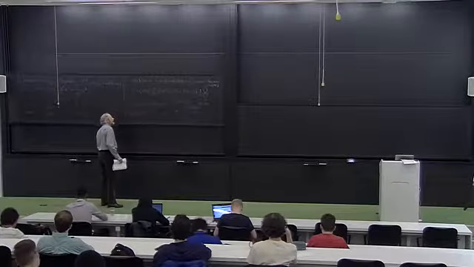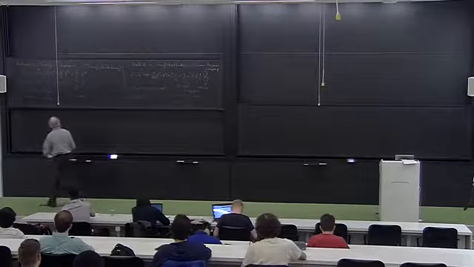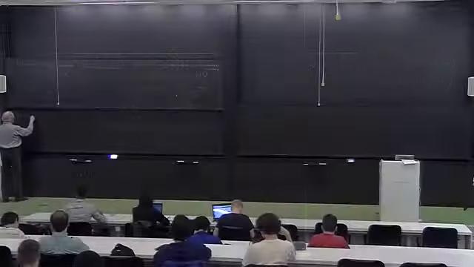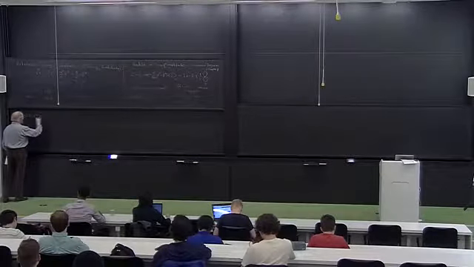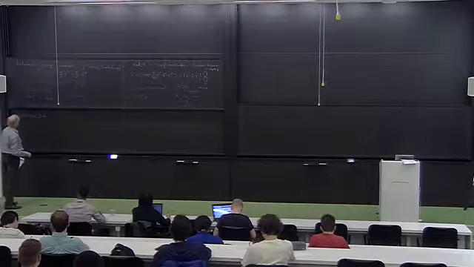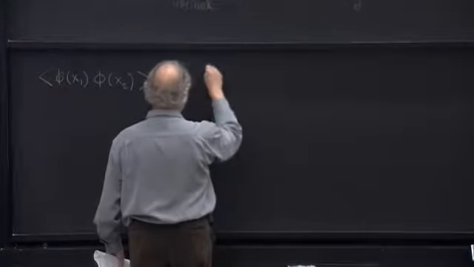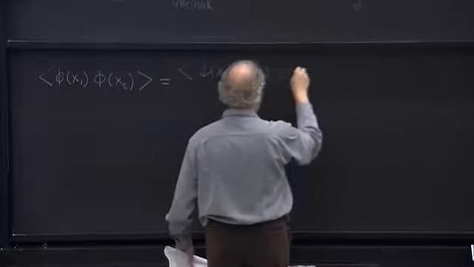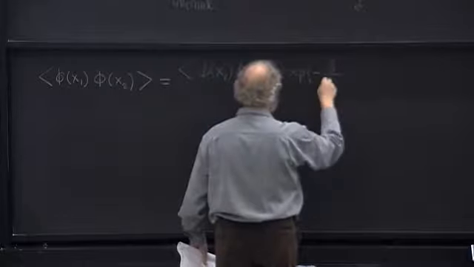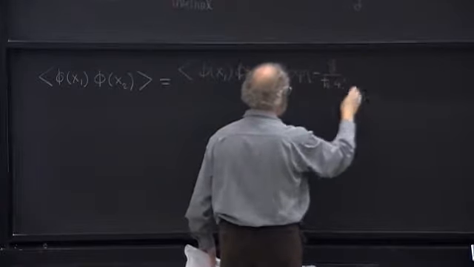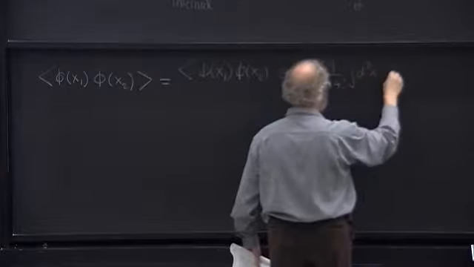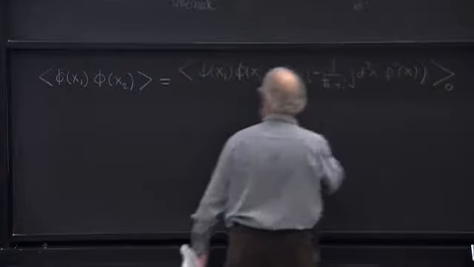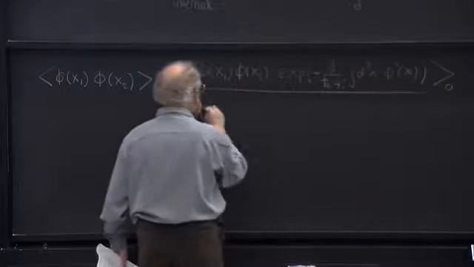So this two-point function is expressed in terms of the interacting theory as the ratio of phi of x1, phi of x2, times the exponential of minus g over h bar times factorial 4 times the integral d^dx phi-4 of x, computed in the free theory, divided by the partition function.